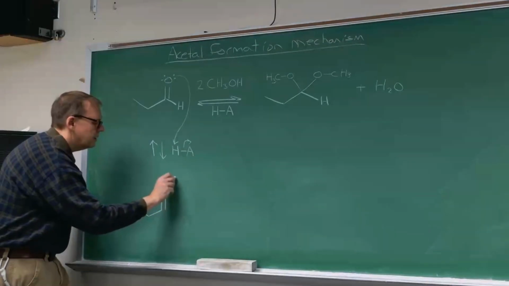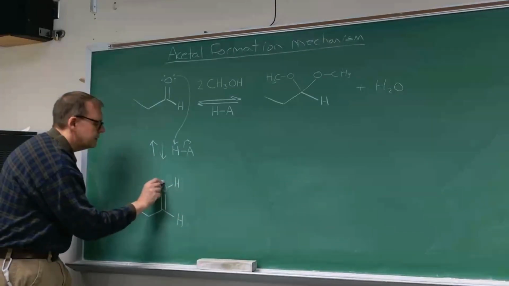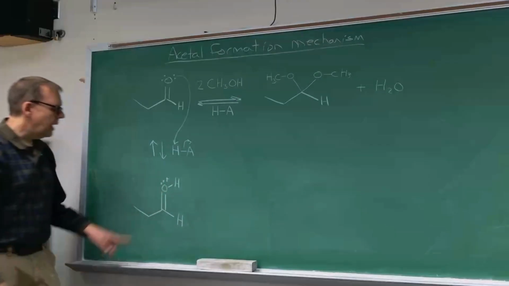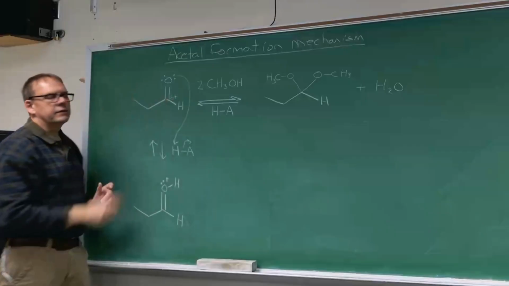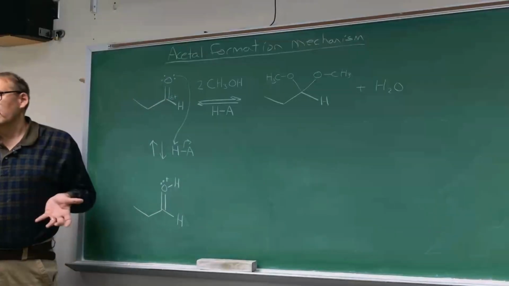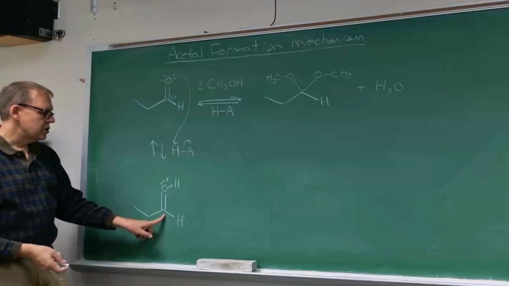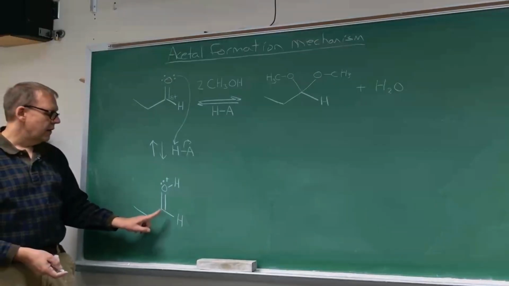So when you protonate a carbonyl, you increase its electrophilicity. You make it a lot more positive. So this molecule's got a partial positive charge on the carbonyl carbon. So I wrote it like that so you could see it. But this one has a way bigger partial charge. In fact, there's a resonance structure that puts a full formal positive charge on that carbon.